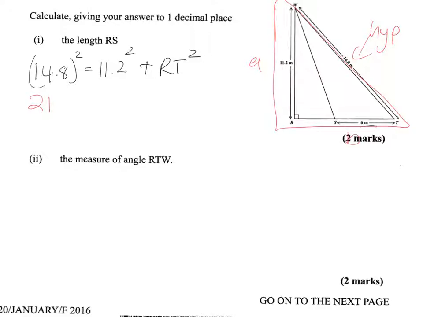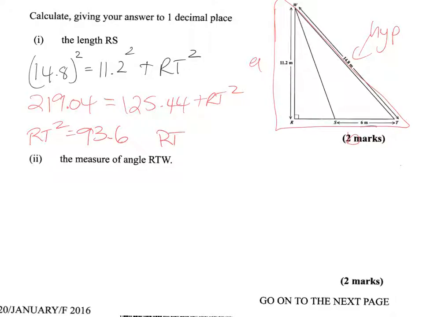is 219.04, which is equal to 11.2 squared, and that is 125.44, plus RT squared. So RT squared will be equal to 219.04 minus 125.44, which is 93.6.